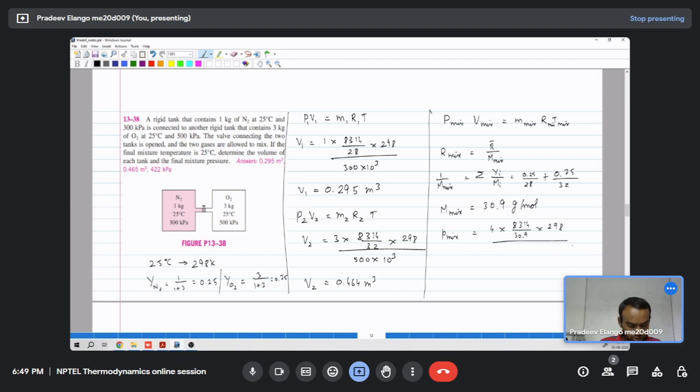So volume is the summation of the individual chamber volumes, that is 0.295 plus 0.464.